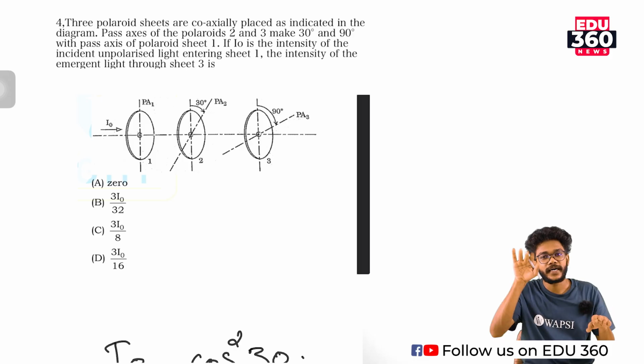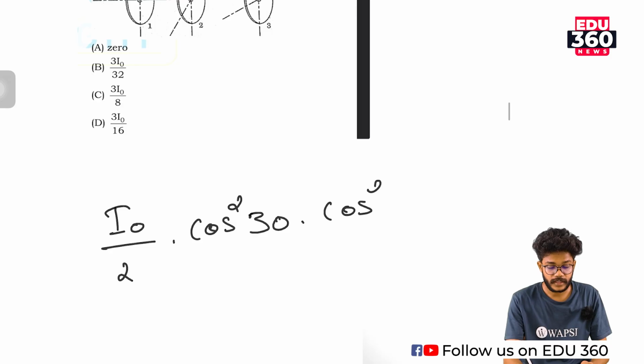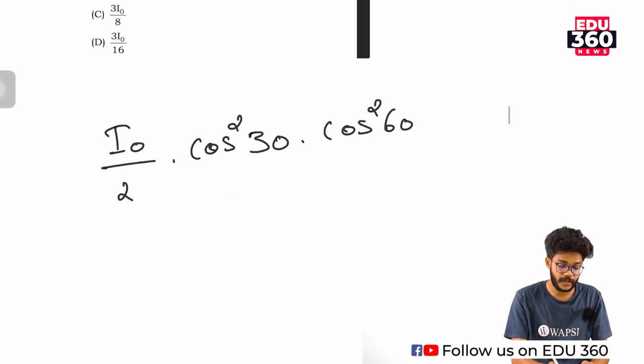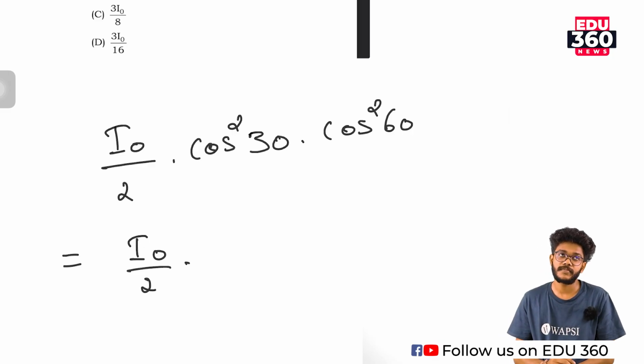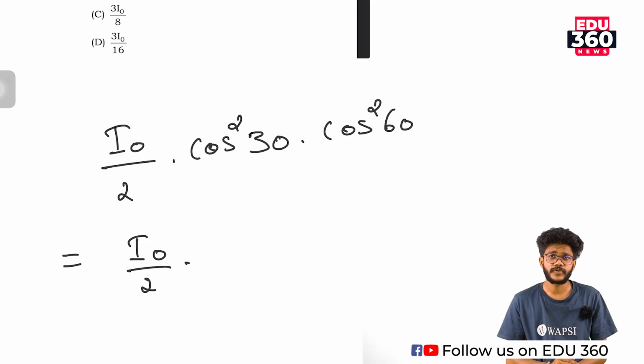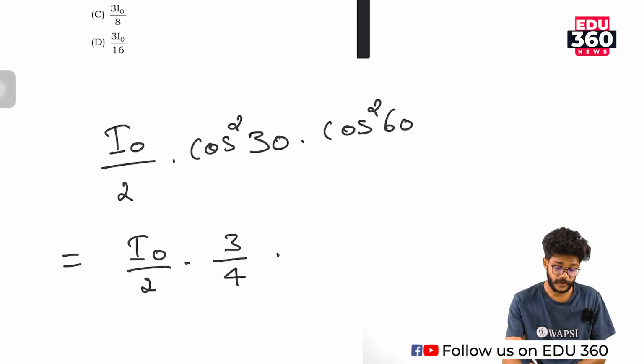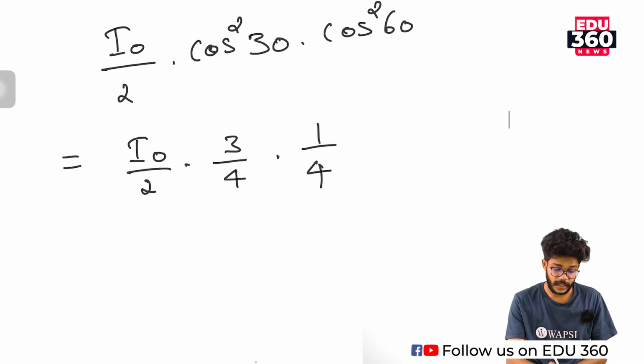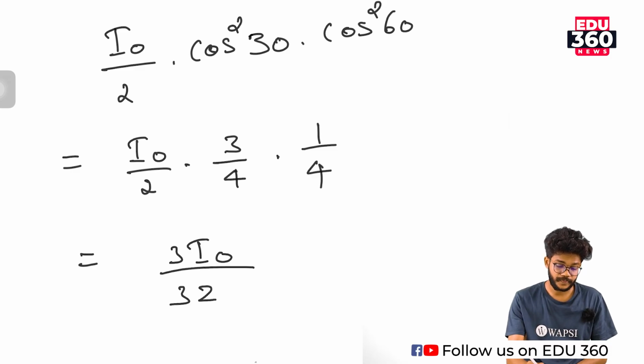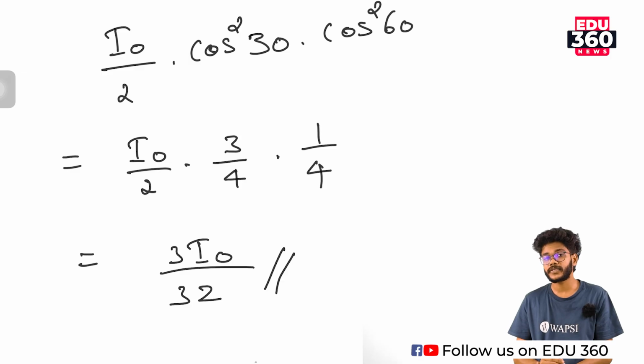So 90 minus 30, it is actually tilted 60 degrees. So I0 by 2 multiplied by cos square 30, which is root 3 by 2 squared, that is 3 by 4, multiplied by cos square 60, which is the square of 1 by 2, so 1 by 4, which is equal to 3 I0 by 32. So the answer is 3 I0 by 32.